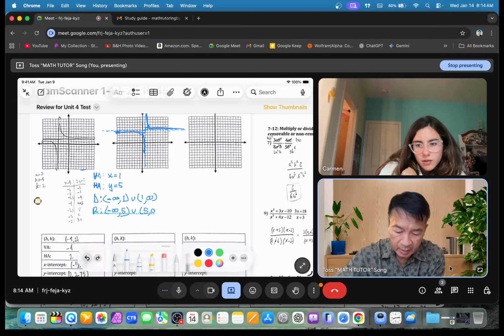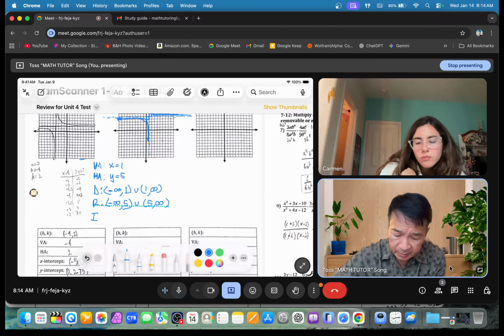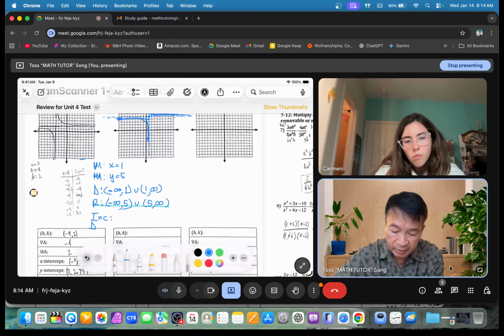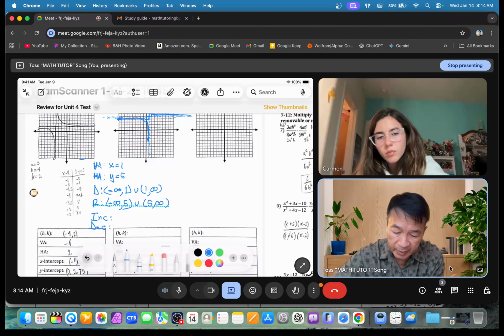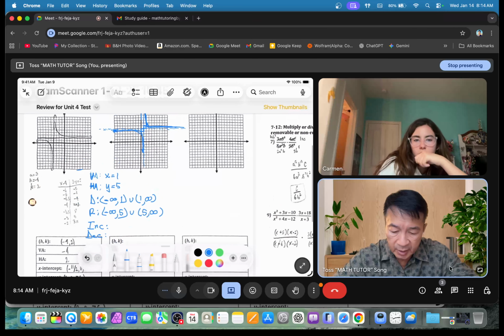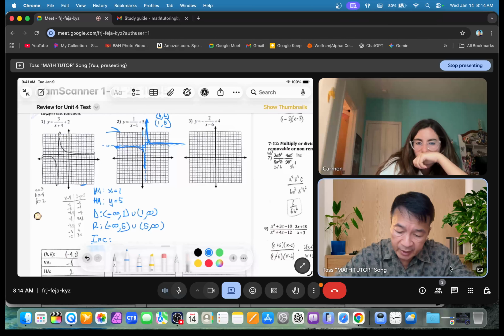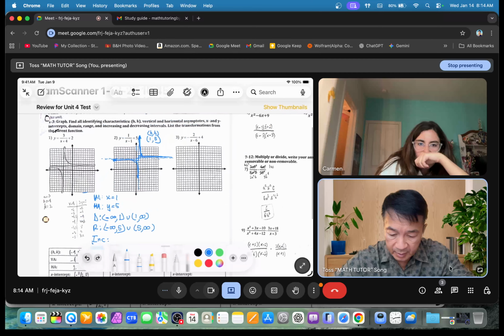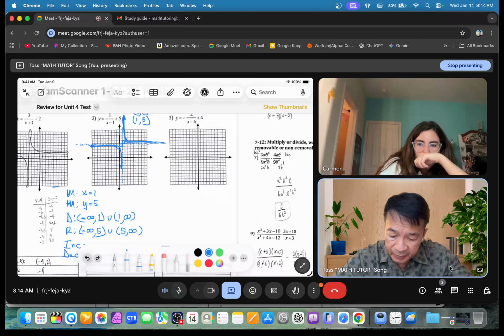Let's do this. Increasing, decreasing. It doesn't matter how you write it, so let's label and be ready for both. It depends on how you see the graph. Now we're scanning from left to right. If you scan from left to right, you can see that it's going down like this.